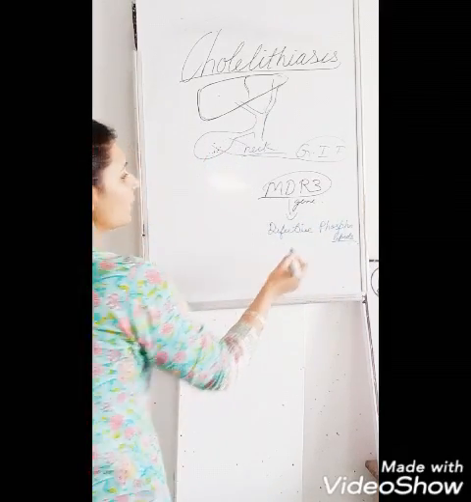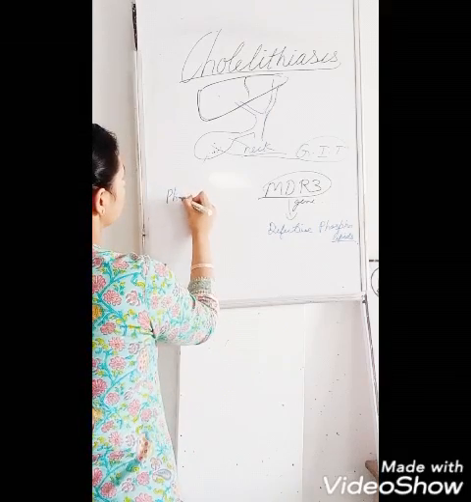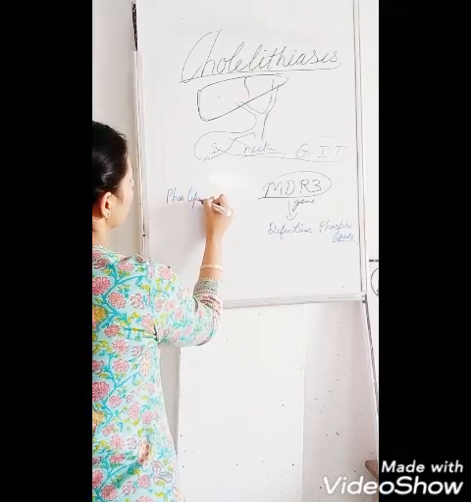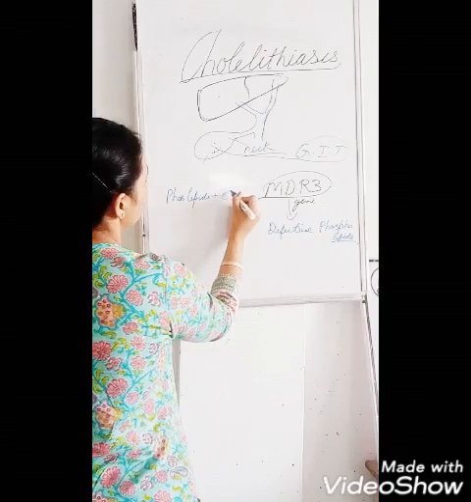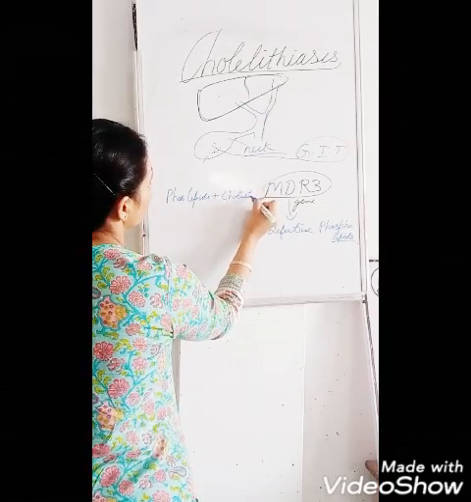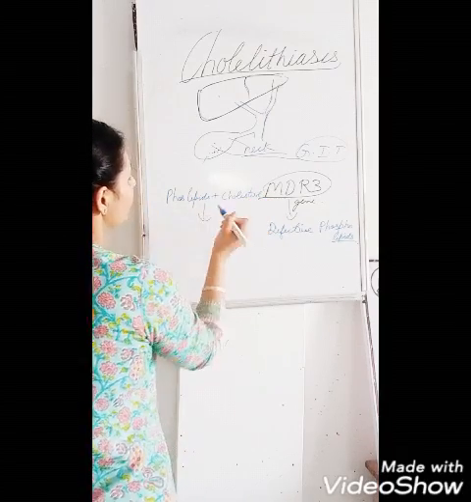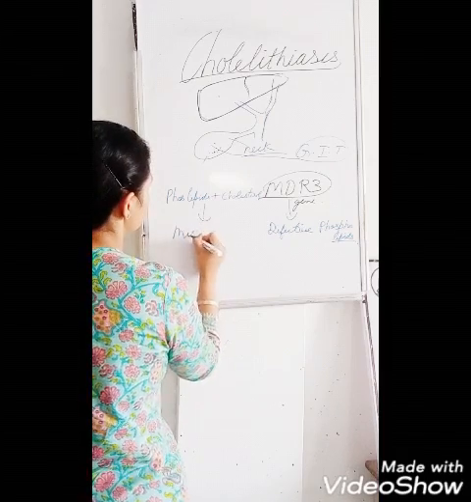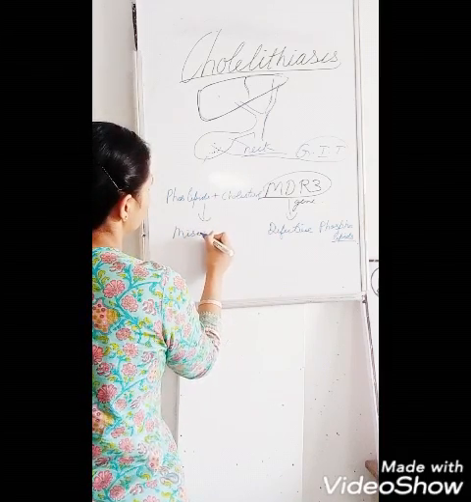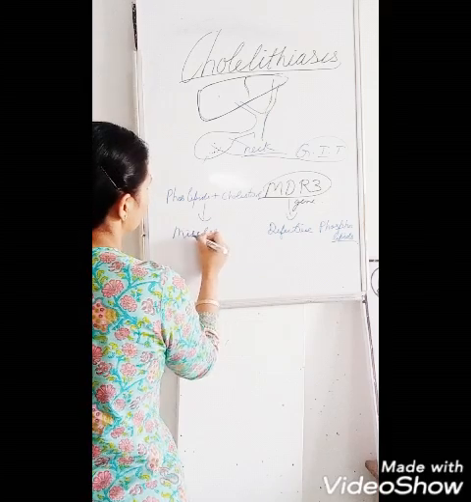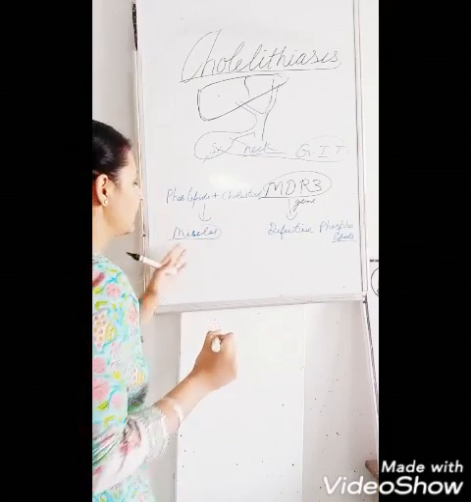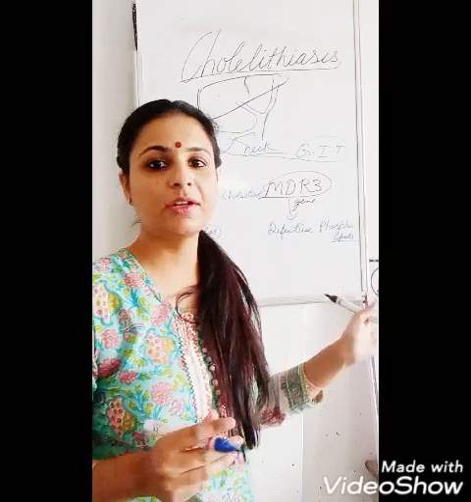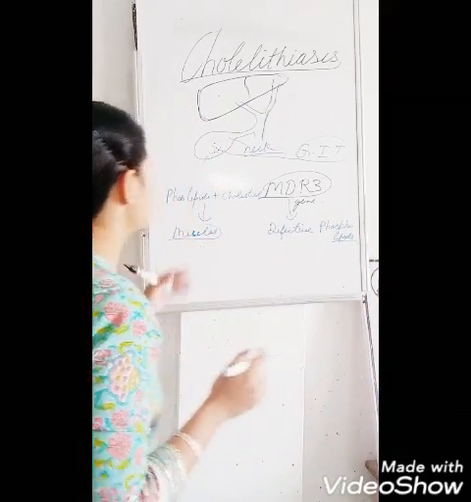Phospholipids combine with cholesterol to make vesicles, the micelles. Those micelles then get excreted from the GIT.